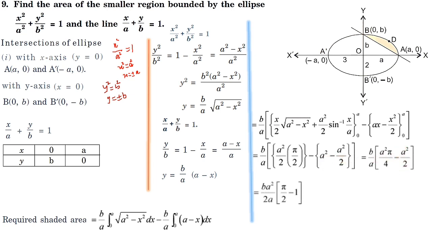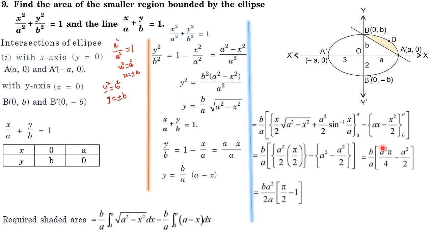In these two terms, what is common? a square is common, that we can take out. And when we take that a square outside, this will be coming along with b here outside. So b a square will be coming. And in these two terms, what is common? 2 is common, that also we can take outside. So 2 coming means here what will come? 2a will be coming.